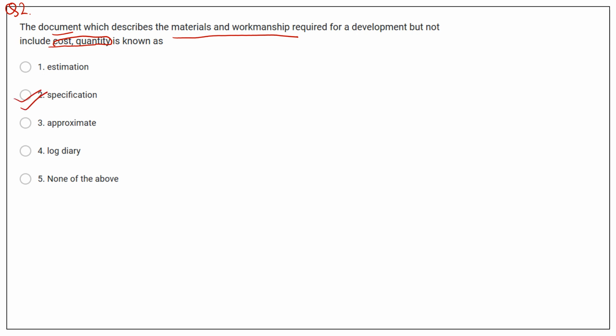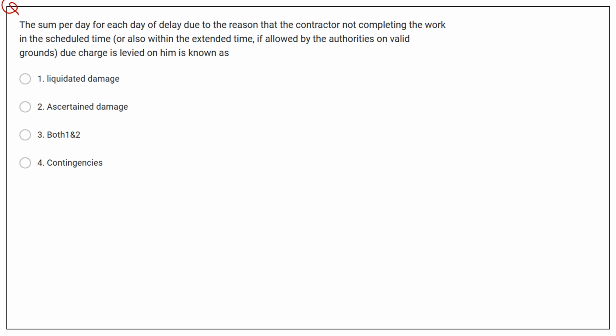The next question, number 3. The sum per day charged for each day of delay, due to the reason that the contractor is not completing the work in the scheduled time, or also within the extended time if allowed by the authorities on valid ground, is levied on him, and is known as.